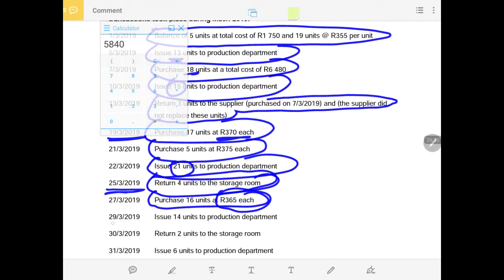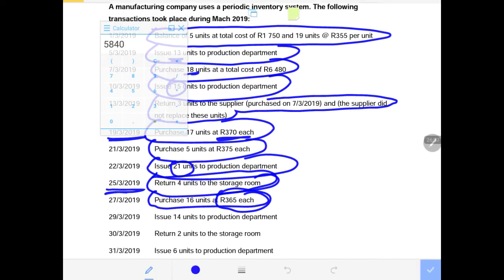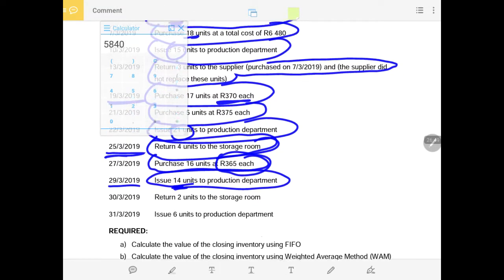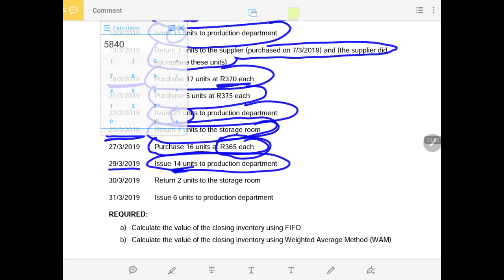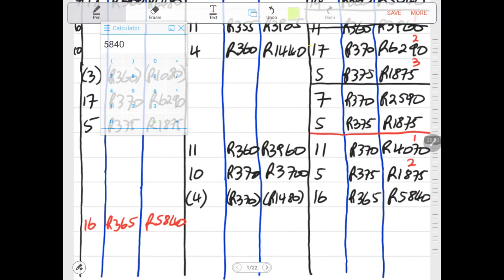Then we go to the 29th of the month. On the 29th of the month of March 2019, we issued 14 units, and the 14 units that were issued were issued to the production department. Take note of that, to the production department. 14 units were issued. So now we have to look at the first inventory that we have.